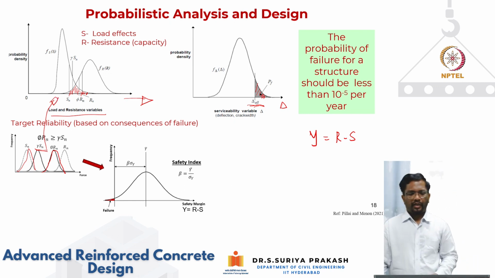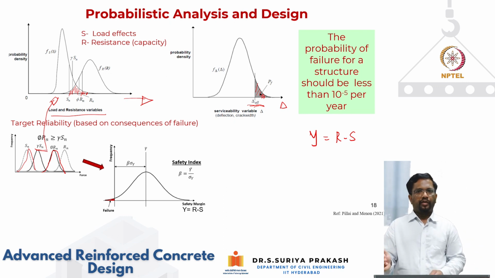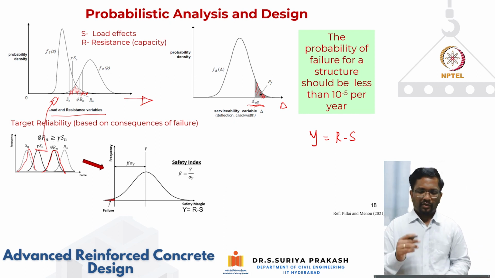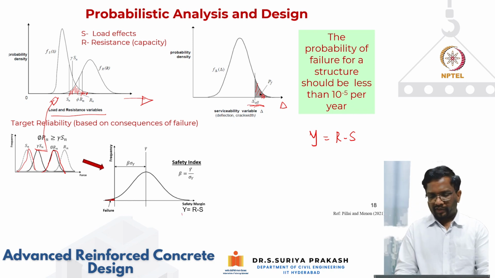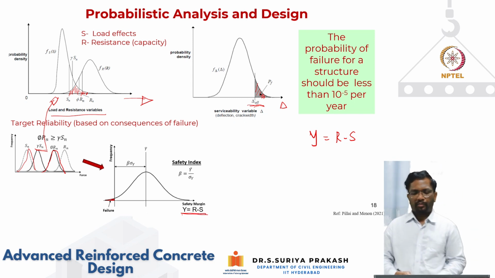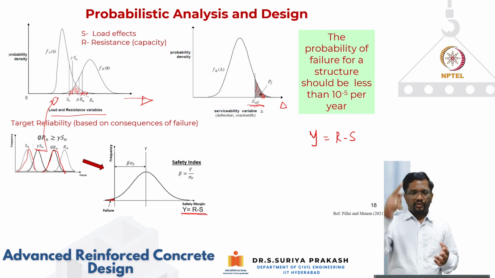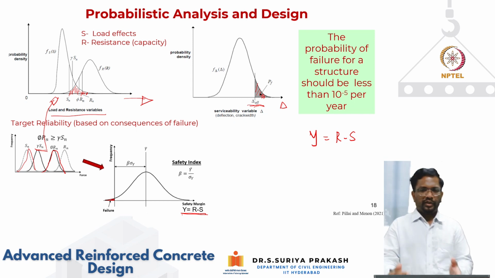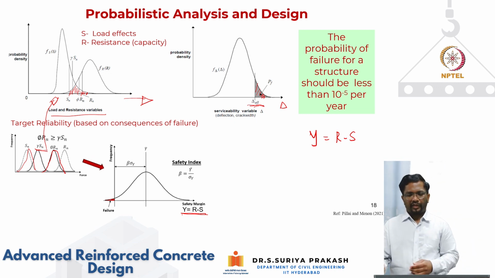There is an area where your resistance can go lesser than your load effect. Now, how much is acceptable? That is what we are going to look at with the safety margin, where Y is R minus S. If both load effects and resistance follow the Gaussian distribution, the difference will also follow the normal or Gaussian distribution. So when is it a failure?